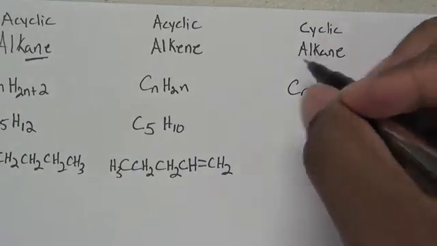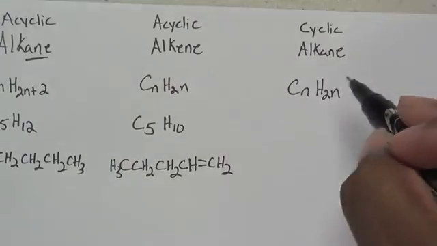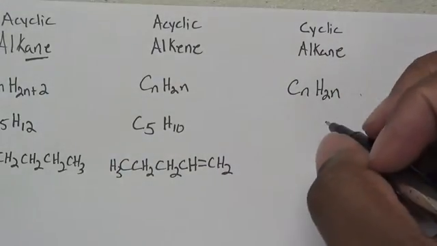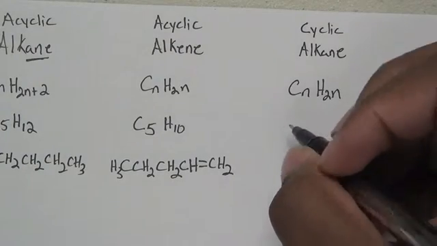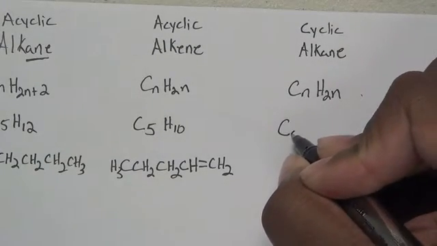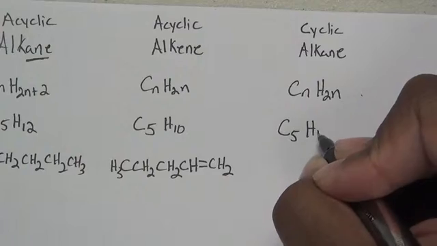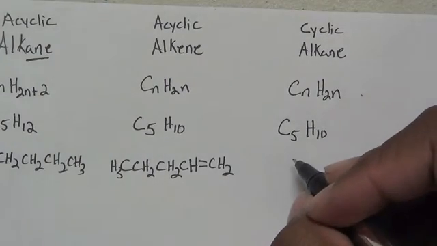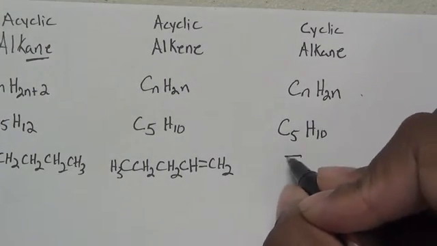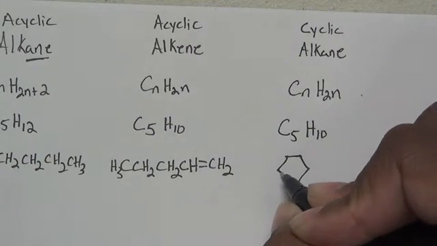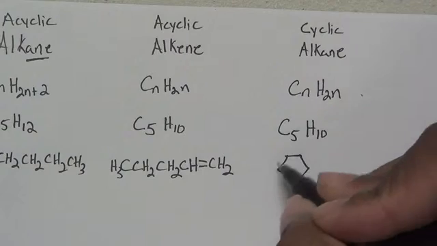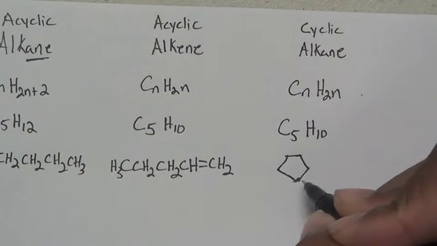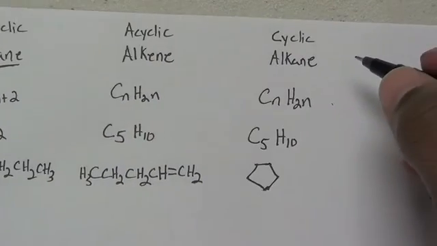And repeat, this formula can be used to find out the number of hydrogens given a number of carbons. So if I was given 5 carbons again and it was a cyclic alkane, C5, it again would be H10. Okay, so we draw a structure of that. Cyclopentane is a good structure of that. It has the 5 carbons, 1, 2, 3, 4, 5, and it has the 10 hydrogens, 2, 4, 6, 8, 10. Remember, carbon has to have 4 bonds.